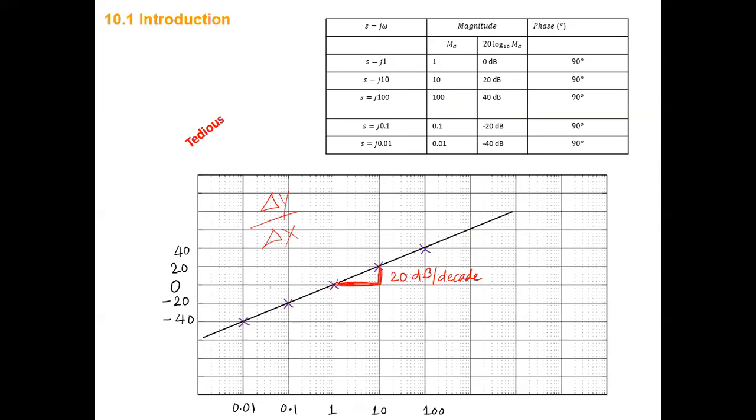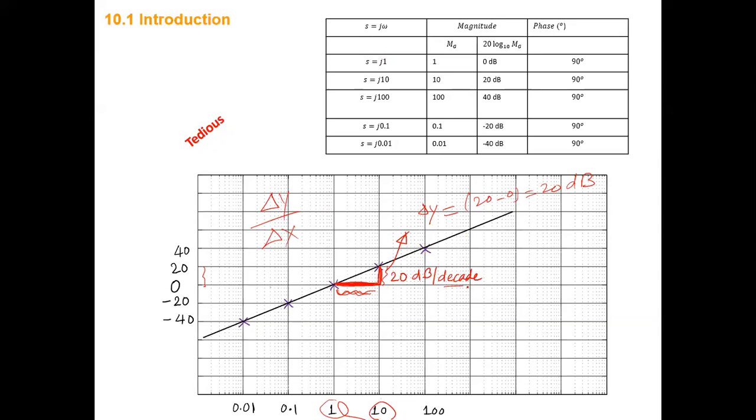Now let's try to make an angle here. What is this delta y? Delta y equals 20 minus 0, which is 20 dB. And what is the x? X is from 1 to 10.